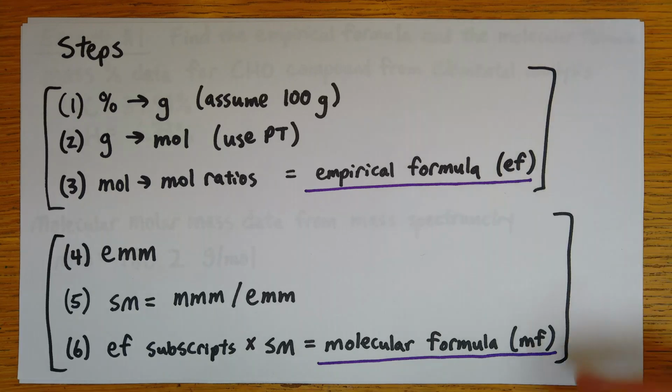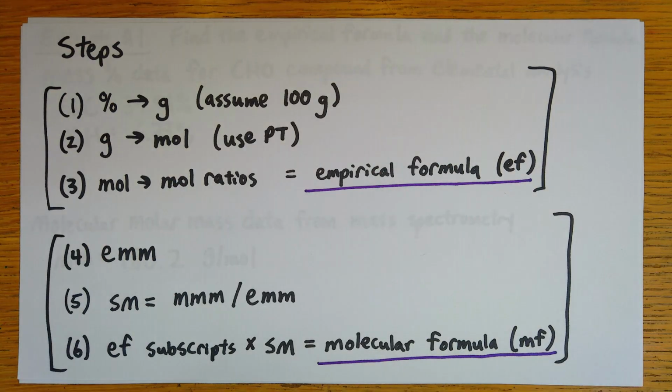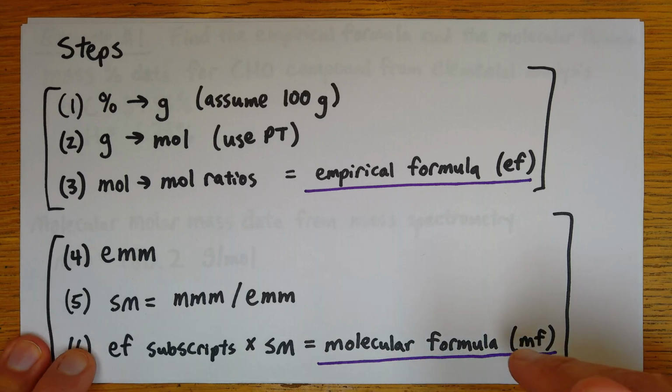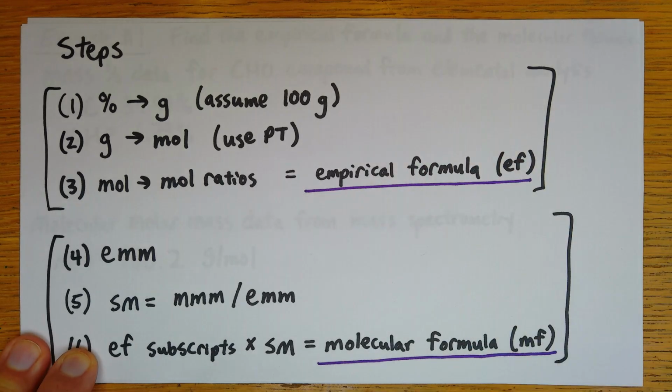All right, 6 steps. I really prefer this method of calculating because, well, let me put it this way. Some other methods exist out there on the internet, and people will calculate the molecular formula first and then work backwards to the empirical formula.